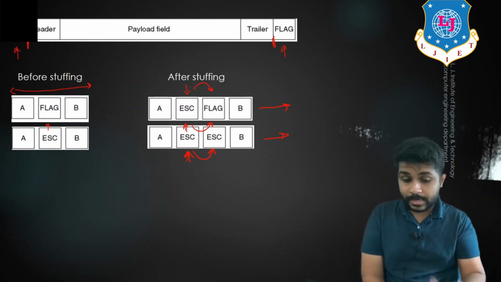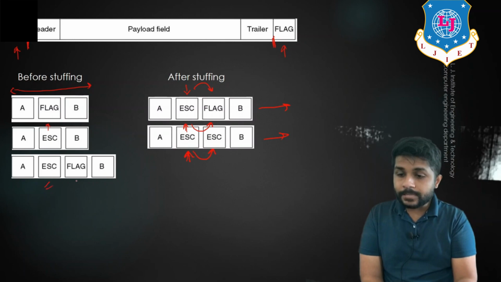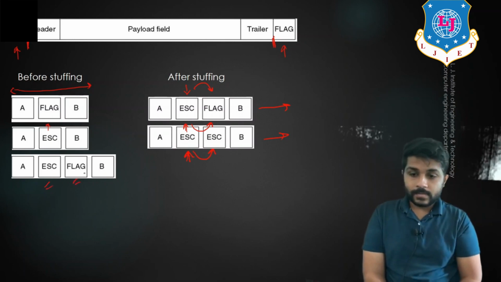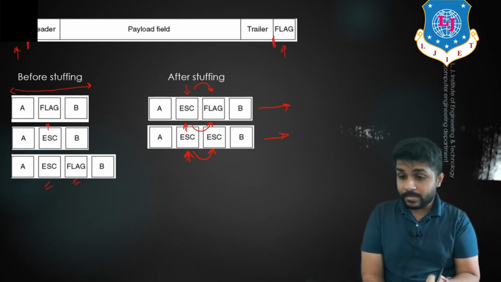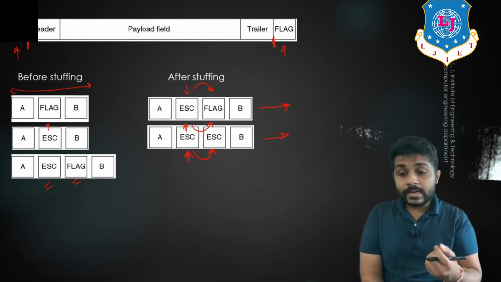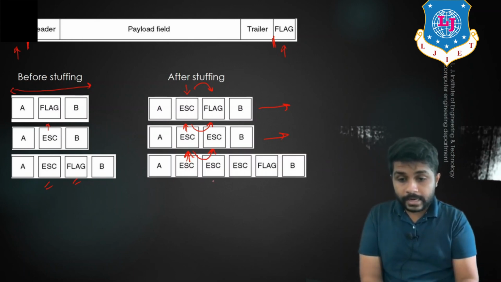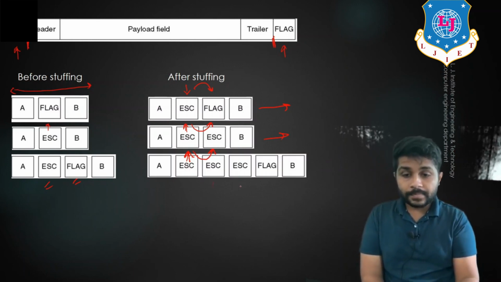Now there is also a possibility that the frame contains both data like the escape character and the flag. What will happen then? The sender will add one escape character before the data like the escape character and one escape character before the data like the flag.